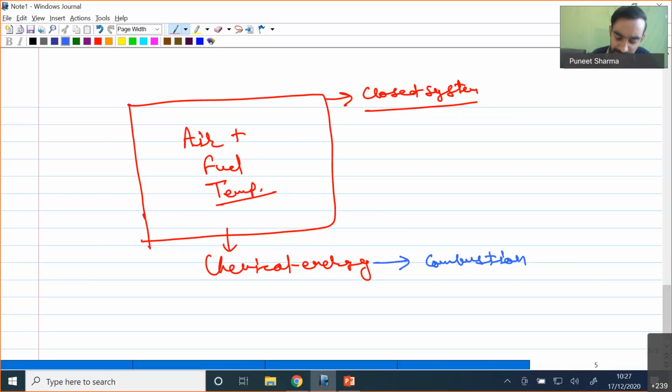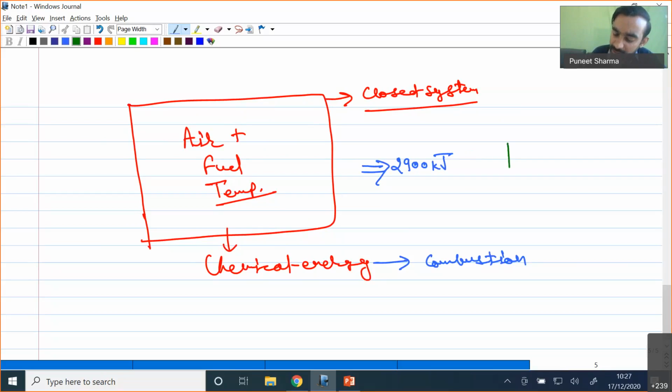After the combustion, there will be a certain release of heat. We are considering that our air plus fuel mixture is such that say 2900 kilojoule of energy is released in this process.